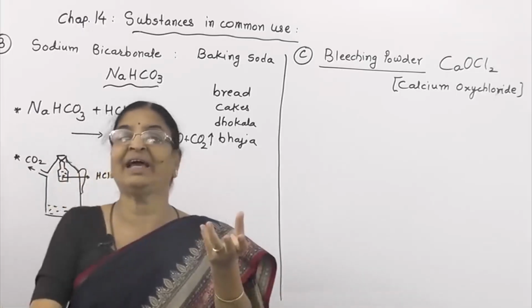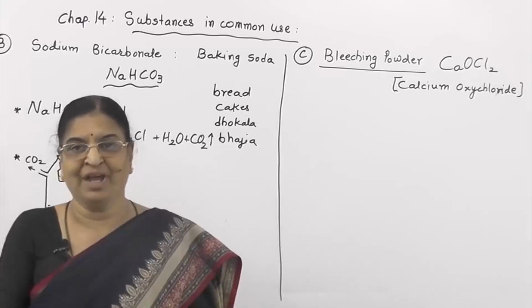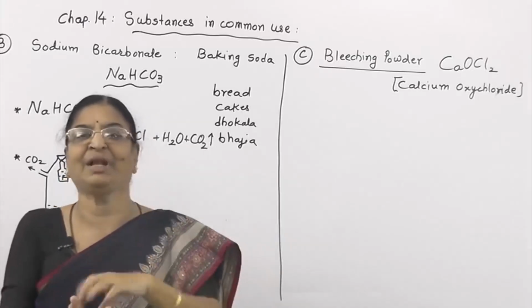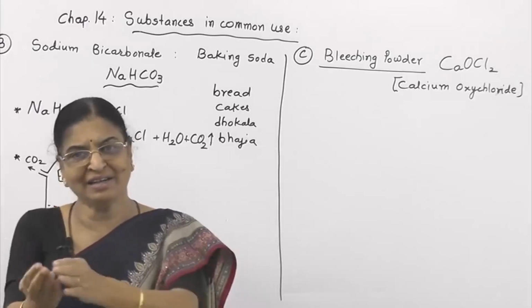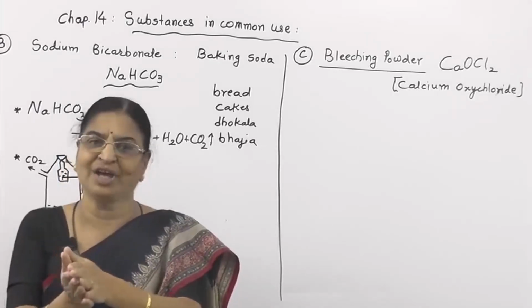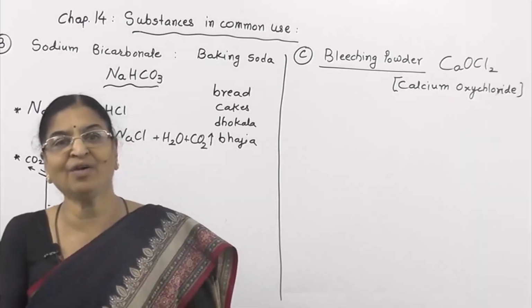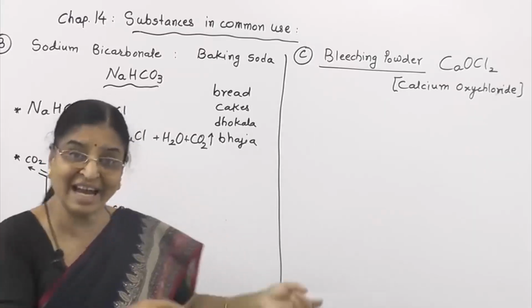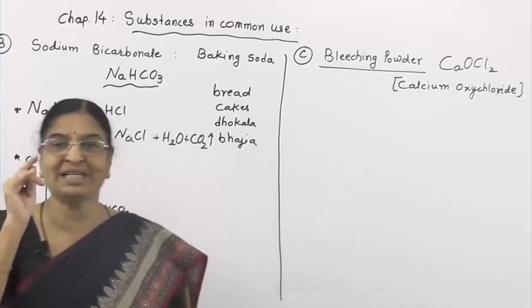But you can take one important test of it. Take some colored piece of cloth and put some bleaching powder on it and some water, then you can wash it. You can see that the color of that cloth is gone and it becomes white. That's why it is called a bleaching powder.